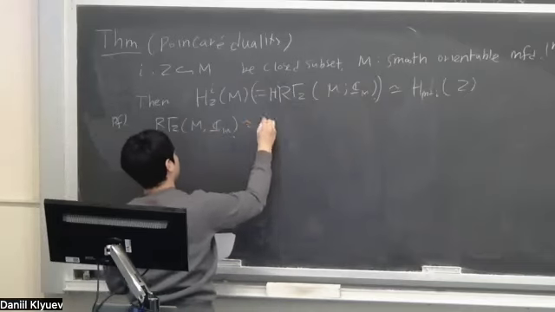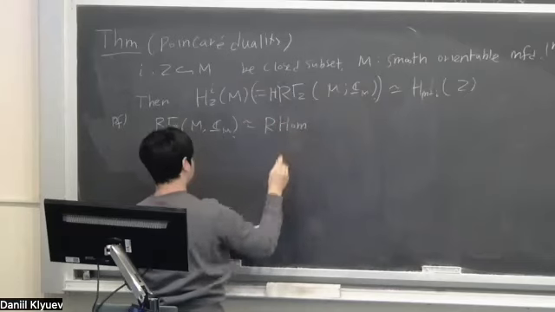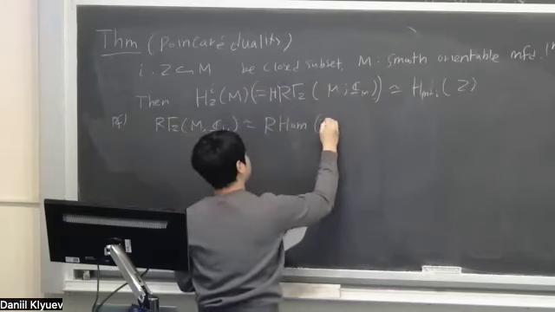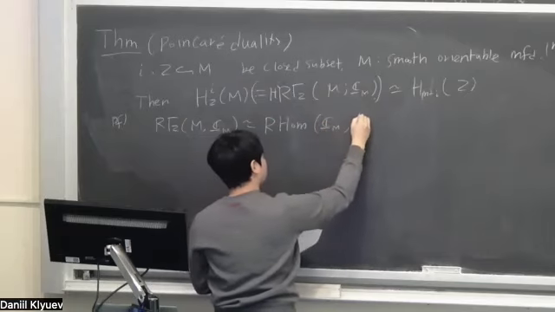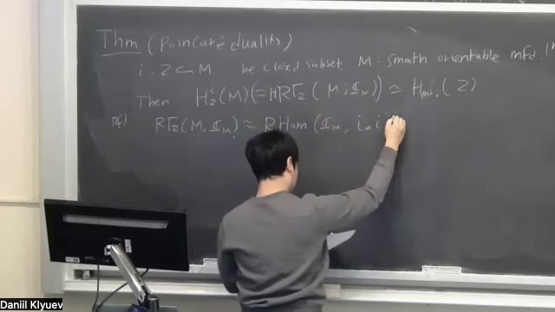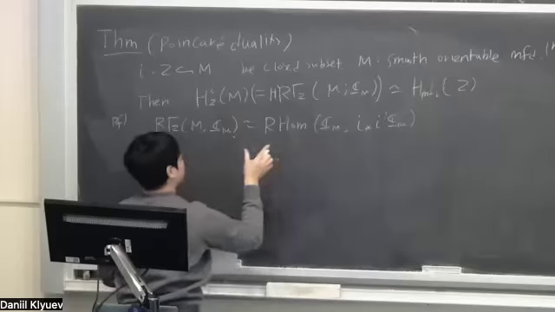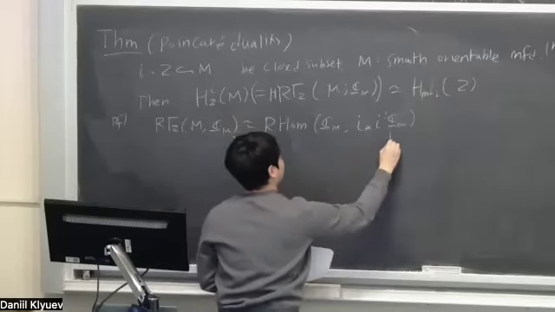And this is RHom of C_M, i_* i^! C_M. This is the definition of RΓ_Z.